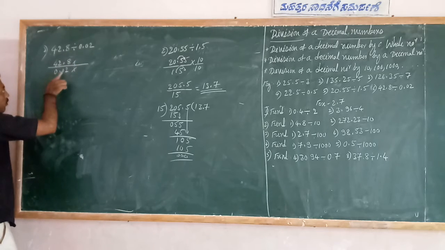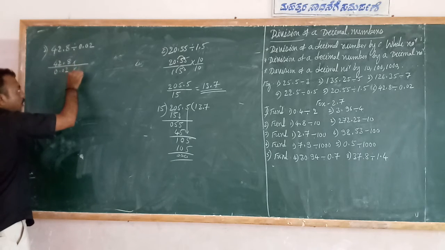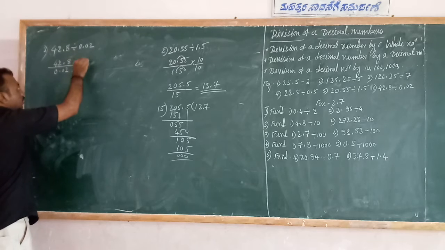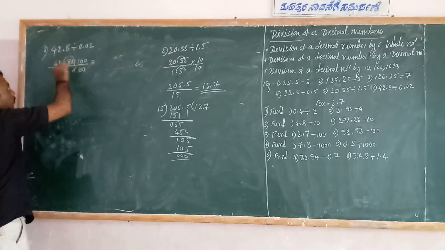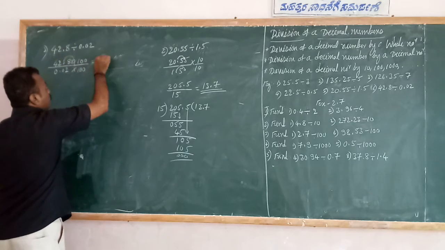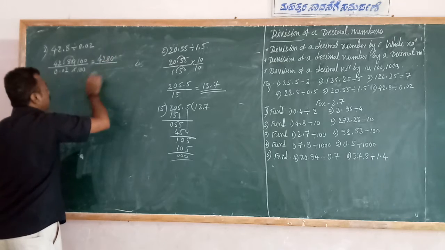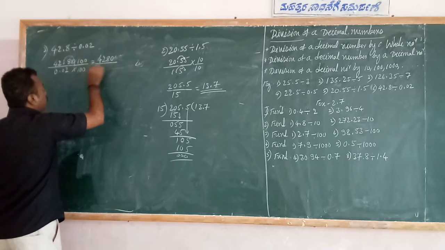So point after how many digits is there? 2 digits. That's why we have to multiply by 100. Here also 100. So now the point is shifted 2 digits because 2 zeros are there. But here only 1 digit is there, that's why I put 1 zero. The point is shifted to after 80. Therefore 4280 it becomes. Now the point is shifted to the 2. 0 point.